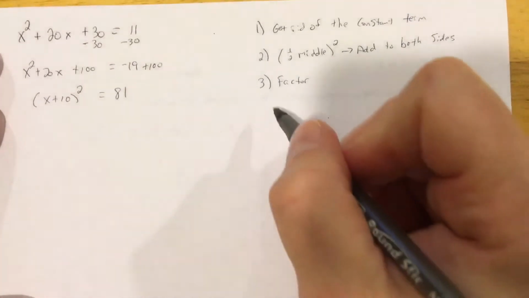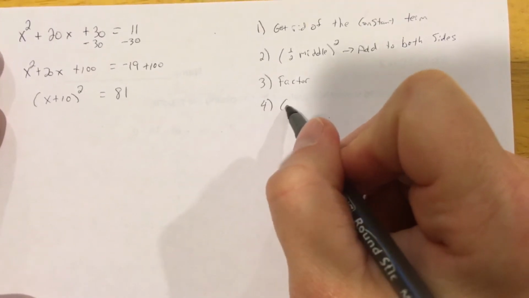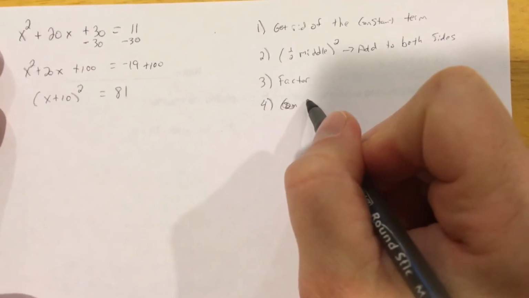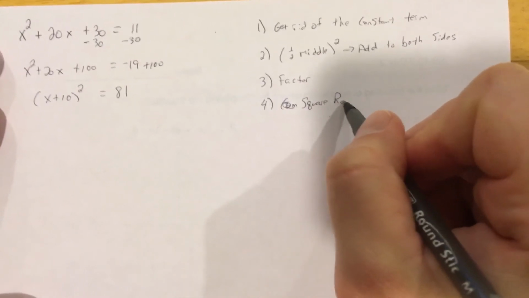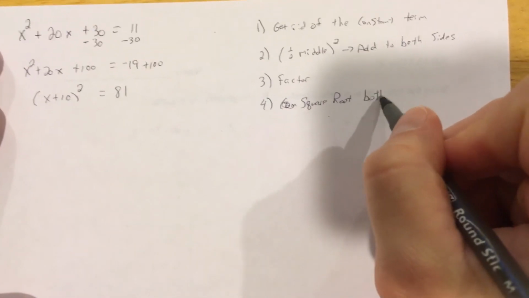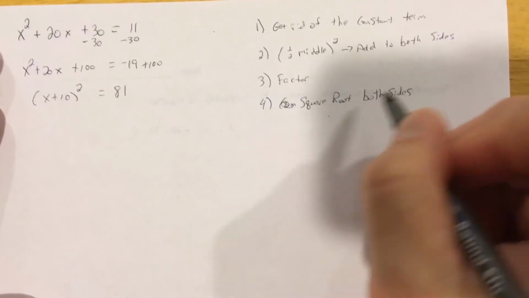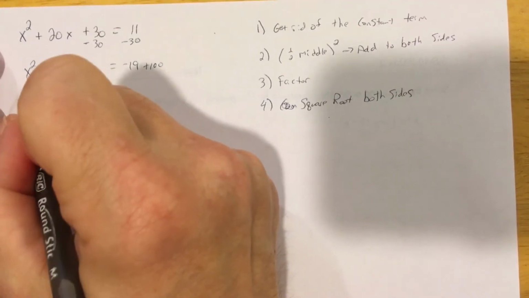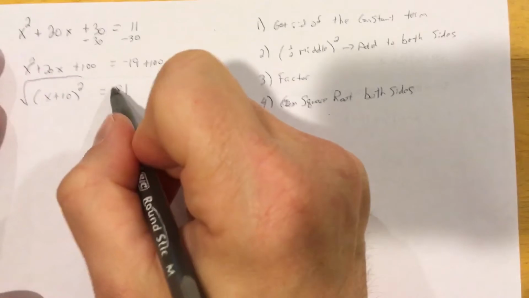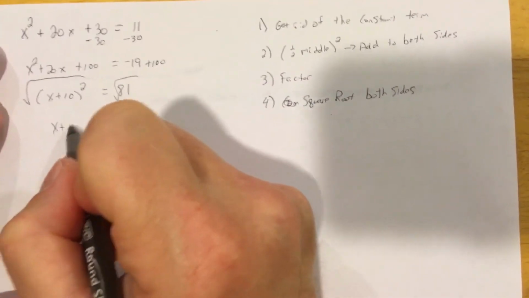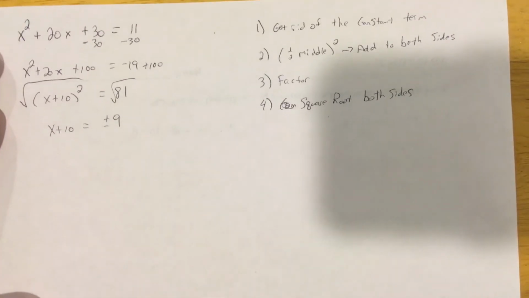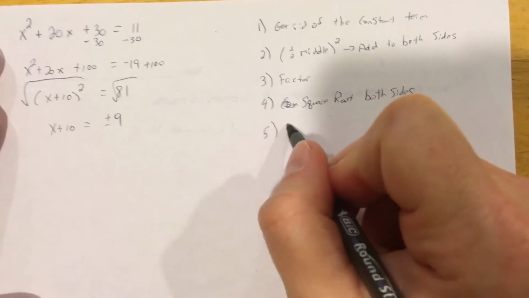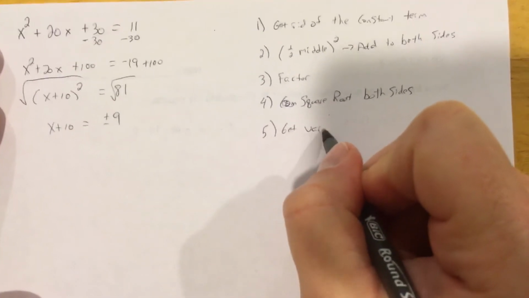Once I've factored it, I'm going to take the square root of both sides. So I take the square root here, and the square root here. I get x plus 10 equal to positive or negative 9. Now get the variable by itself.